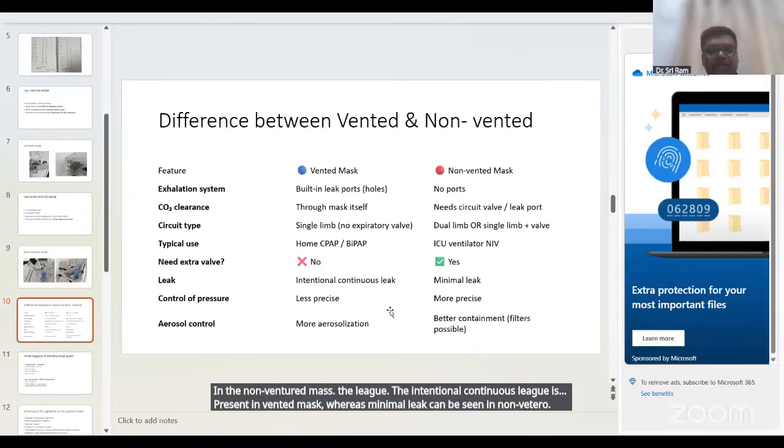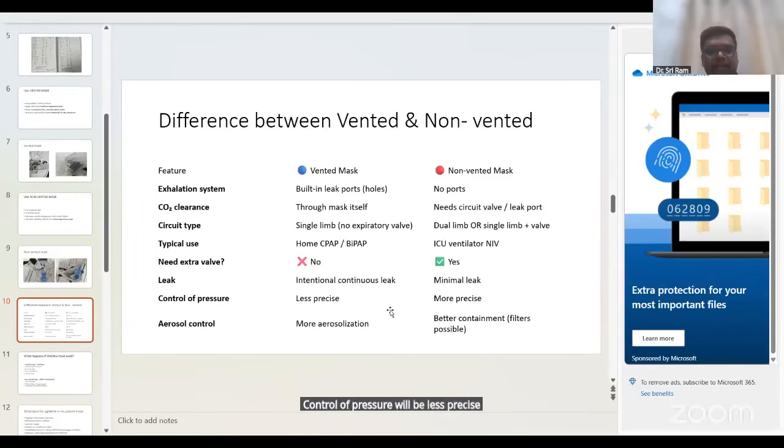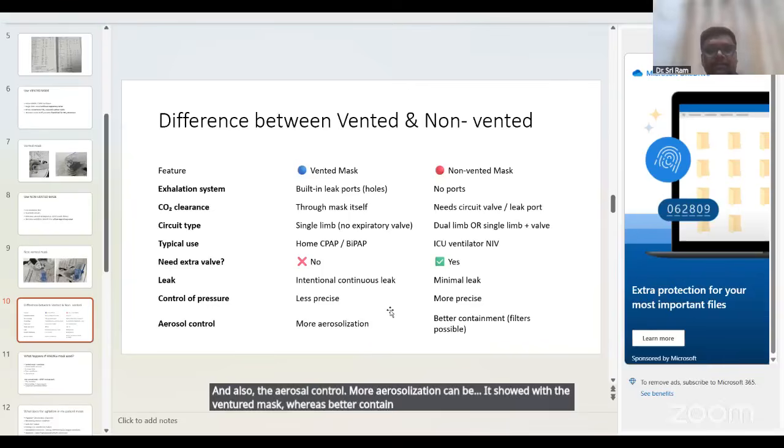Control of pressure will be less precise in the vented mask as compared to the non-vented. And also for aerosol control, more aerosolization can occur with the vented mask, whereas better containment, if filters are possible, can be achieved with the non-vented mask.